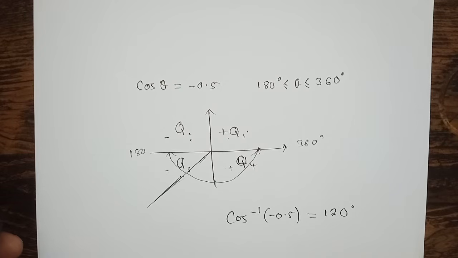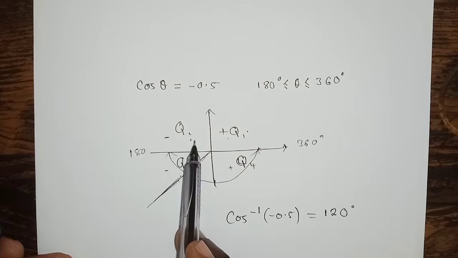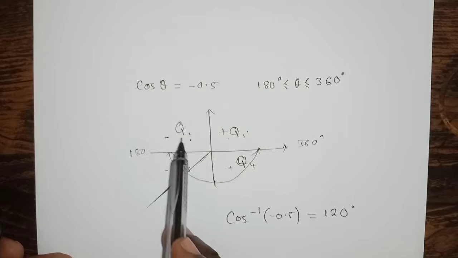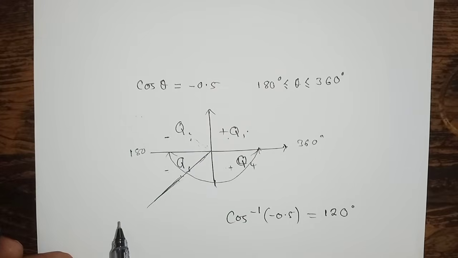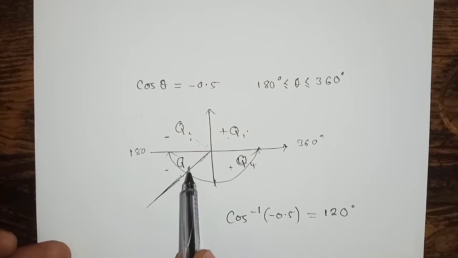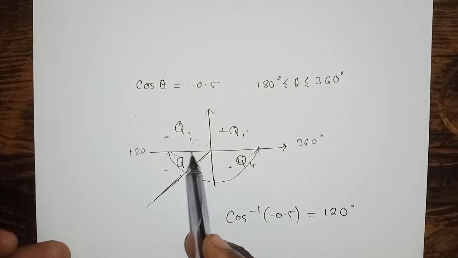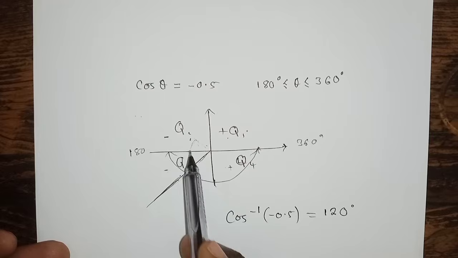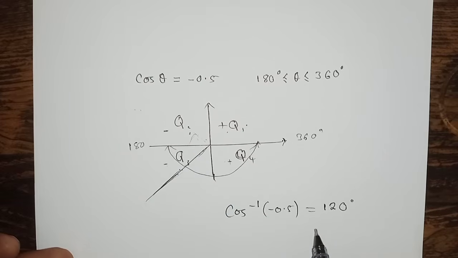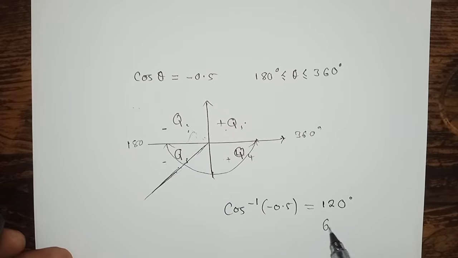So this 120 is somewhere here. Okay, so what is it that is remaining from 120 to 180? Okay, 120 to 180 is 60, so it's 60 degrees.